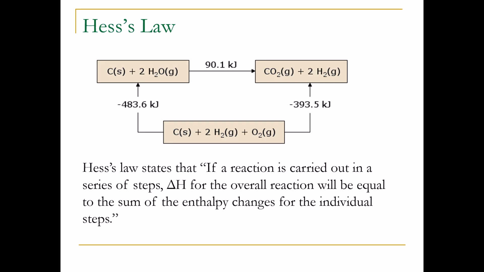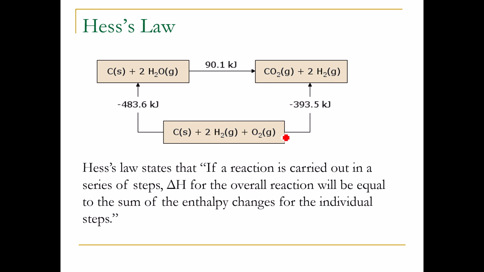This shows an example of that using a real reaction. So if we start down here with our carbon, our H2 gas, and our O2 gas, we have two different pathways that we can go that would produce two different products. The pathway on the left goes to carbon plus 2 water molecules. The pathway on the right goes to carbon dioxide and 2 H2 molecules.